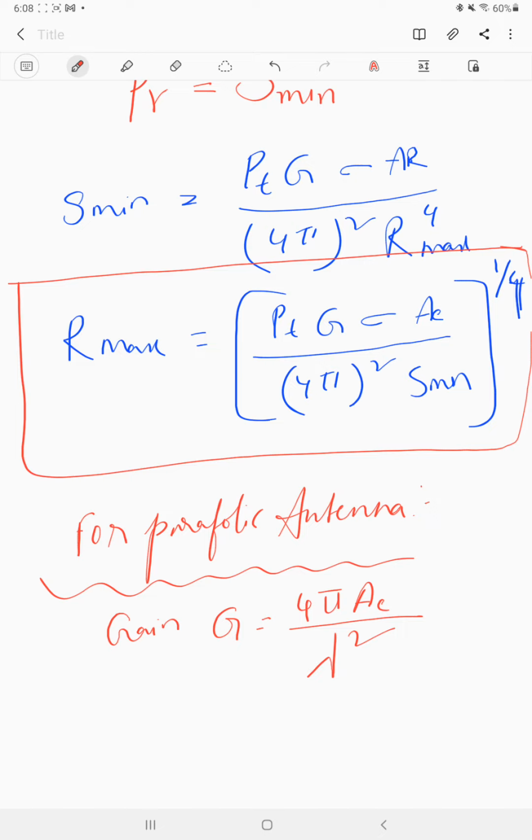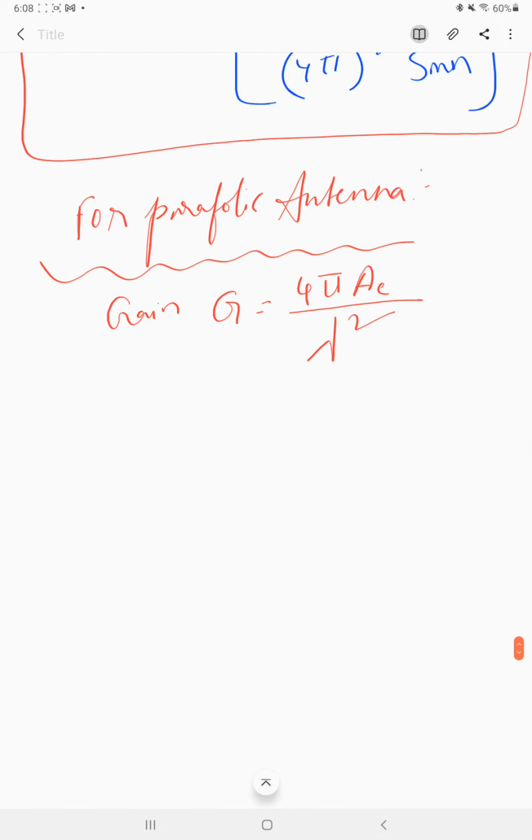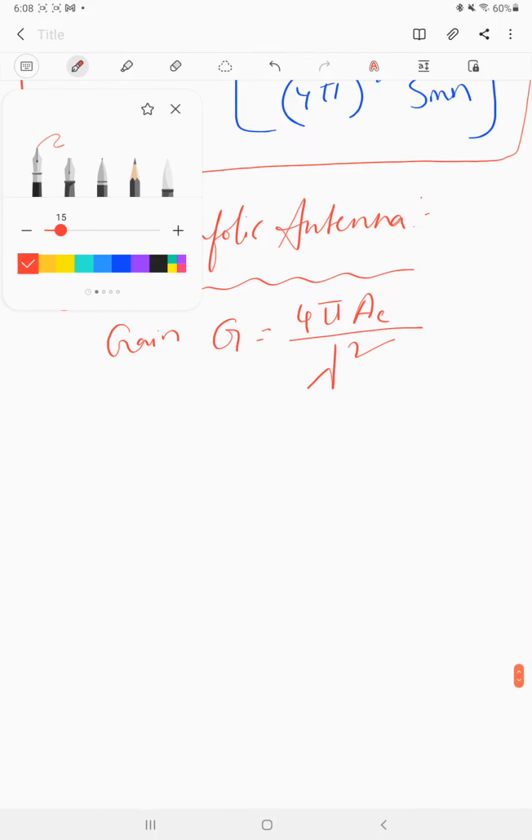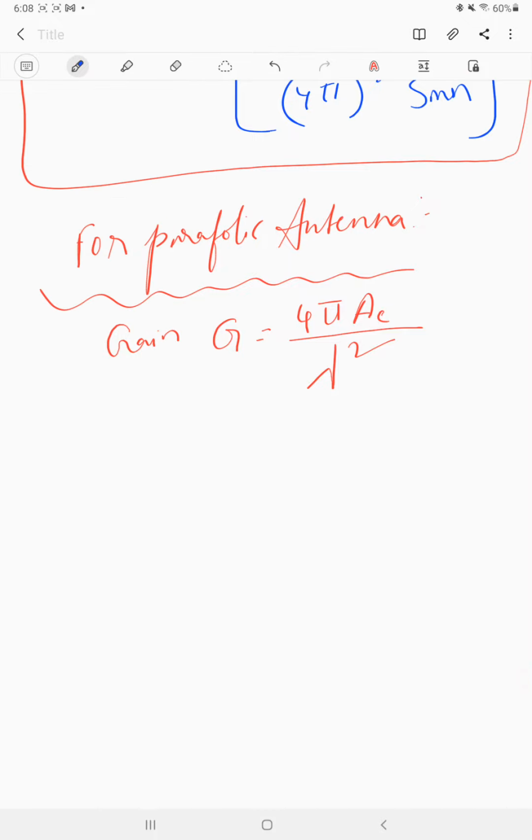Hence, for the maximum range equation, R max is equal to, here for every antenna it has its own gain, so we are replacing the gain with 4 pi AE by lambda square.